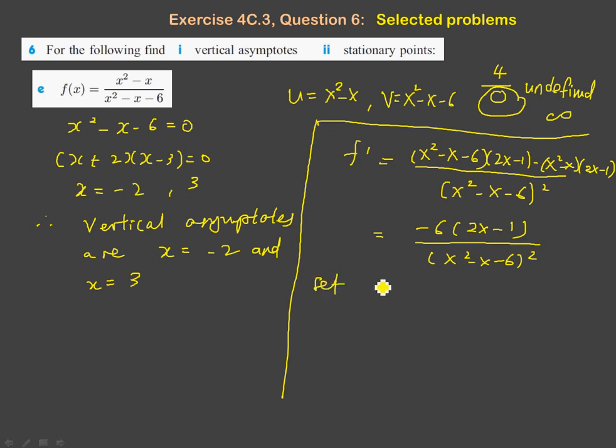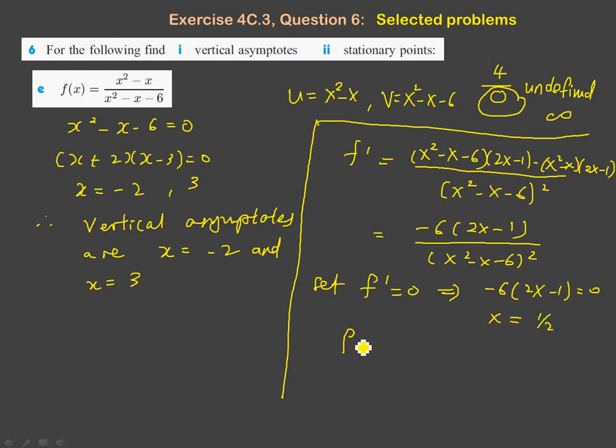And so we set f prime to be 0. We want to find the stationary point, so of course we set f prime to be 0, and as you can see, the denominator can't be 0, so it must be the numerator that is equal to 0. That means x equals a half.